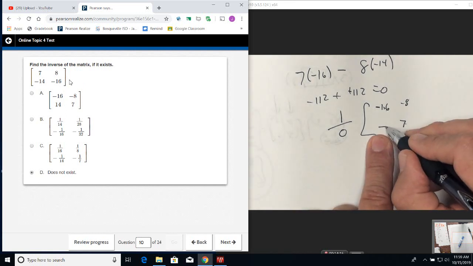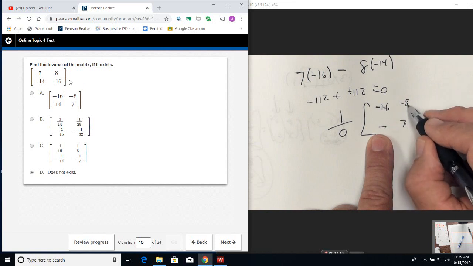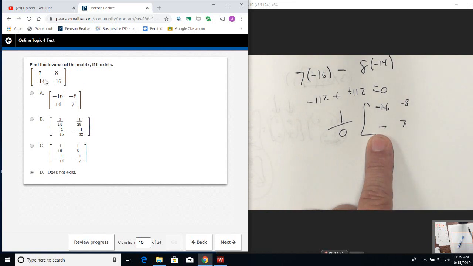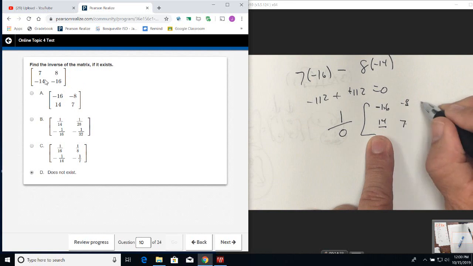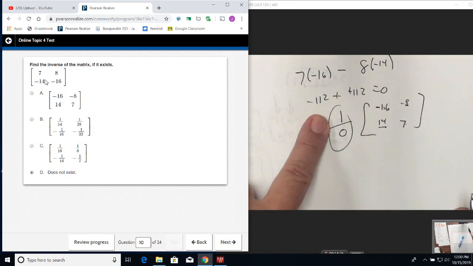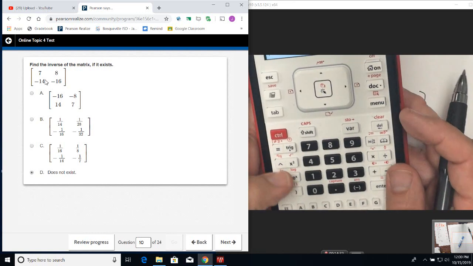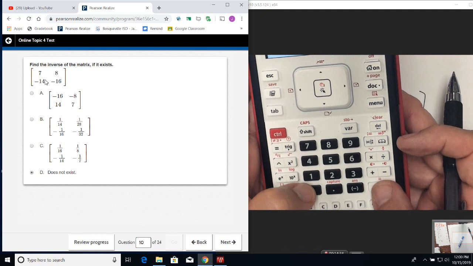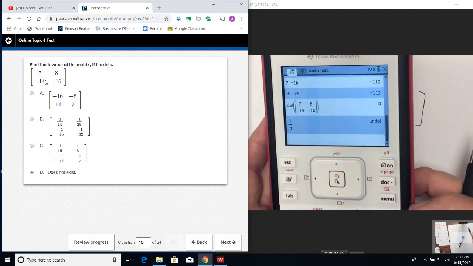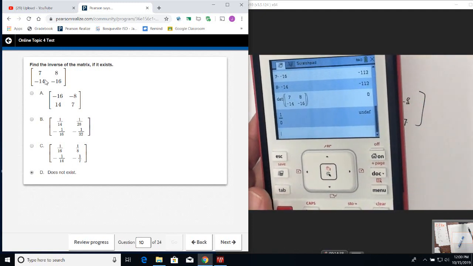What would this last entry right here be if I change the signs of the subdiagonal? That 8 became a negative 8. So what does that negative 14 become? Positive 14. And if you take 1 over 0 times that matrix, that's undefined. Because 1 divided by 0 you can't do in your calculator, right? If I try to do that in my calculator, 1 divided by 0 is what? Undefined.